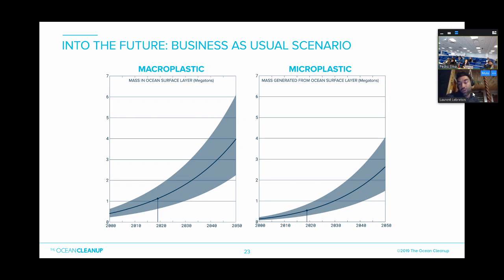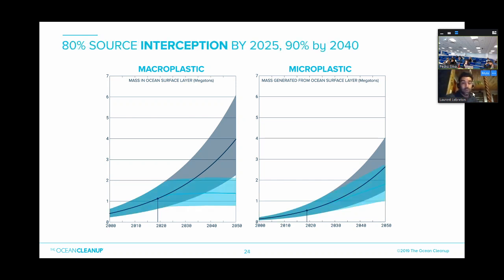And that's the curve we show, and on the left you have microplastics, on the right microplastics floating at the surface of the ocean, and we look at the impact of, okay, let's just focus on source reduction, right? And so we put a pretty ambitious goal of 80% source interception reduction by 2025 and going to 90% by 2040.